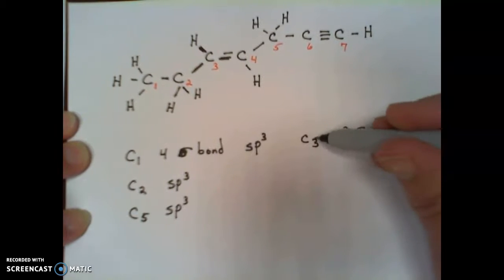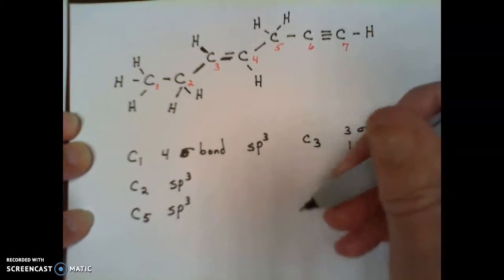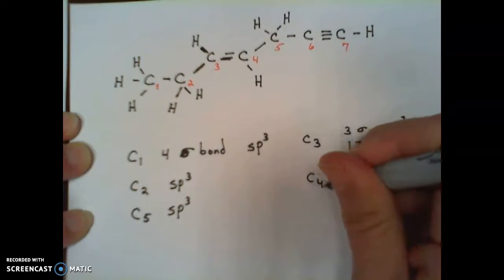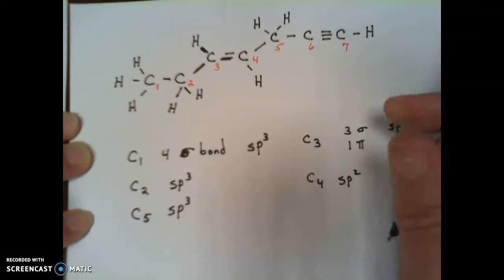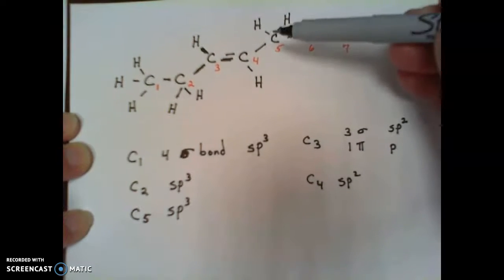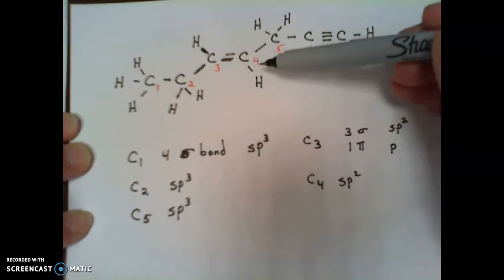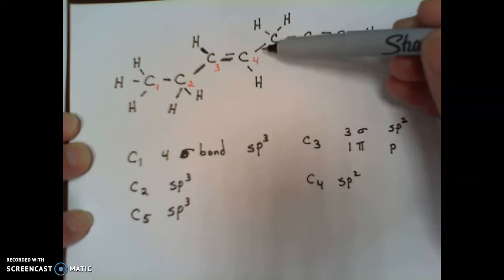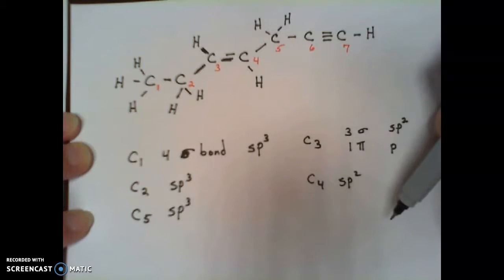So carbon 3 has sp2 hybridization. Carbon 4 is the same, sp2. Whenever you have just one double bond, and 3 atoms are bonded, you'll get an sp2 hybridization.